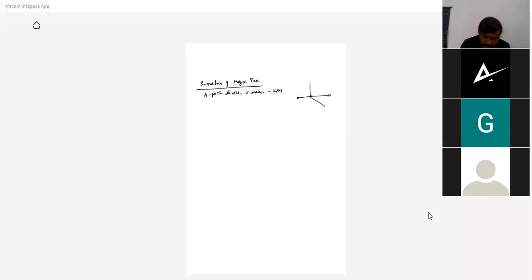So this is port 1, port 2, and this is port 3, the E arm. Port 4 is the H arm.